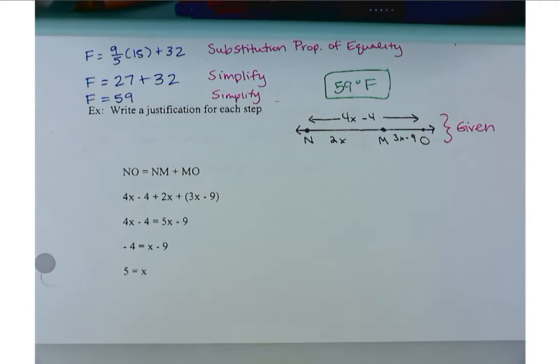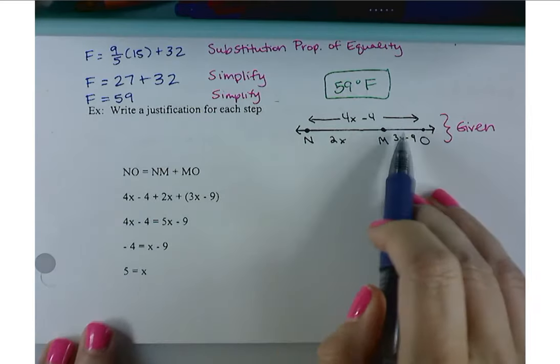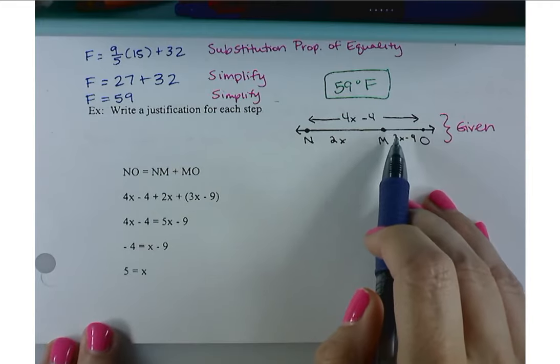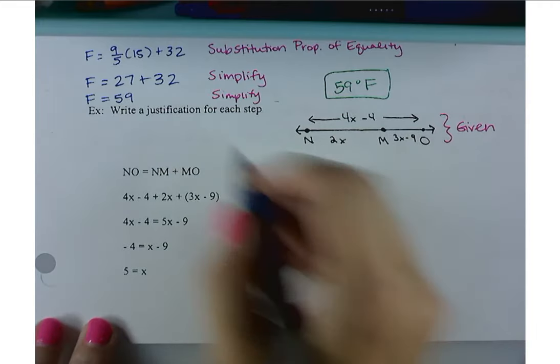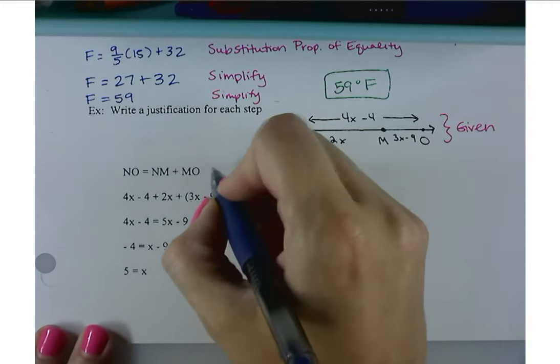Yeah, the segment addition postulate. Okay, so on your word bank is going to be some other equations and properties that we've already learned about this year. Do you guys remember the segment addition postulate? The two smaller segments added together make up the larger segment. So this is going to be the segment addition postulate.